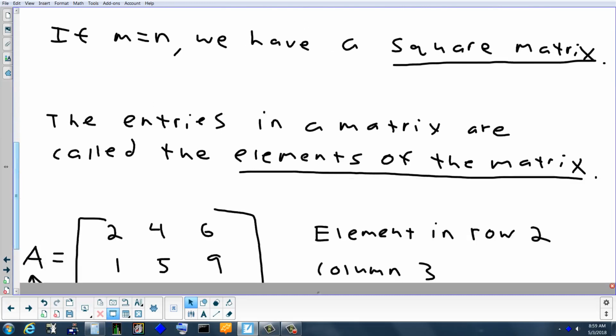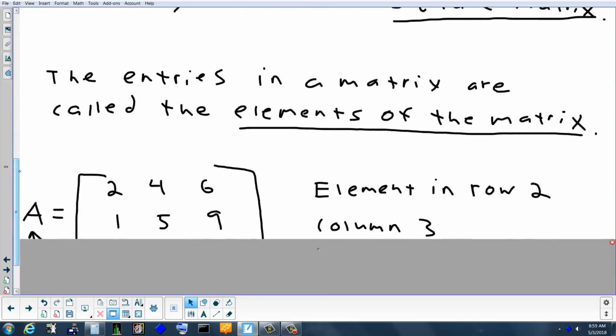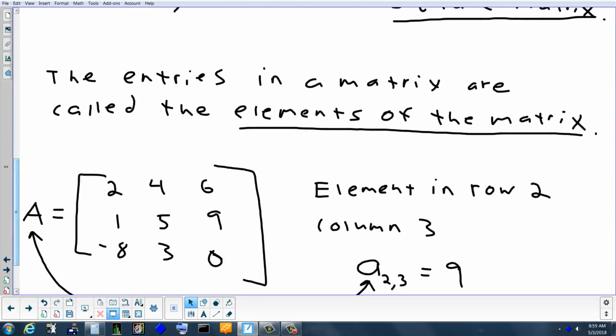So if this was our matrix, this is a 3x3 matrix, 3 rows, 3 columns. The convention in our book is to name a matrix with a capital letter A. And when you want to reference a specific element in the matrix, you use the same letter that the matrix is named, but you use the lowercase version.